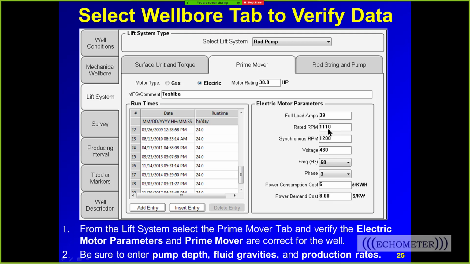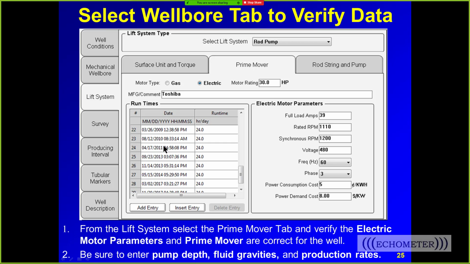The full load amp rating, the RPM rated full load, and then the synchronous speed. And then over here, if we are on pump off controller percentage timer, we're going to input the runtime, and then here's our horsepower rating up here.